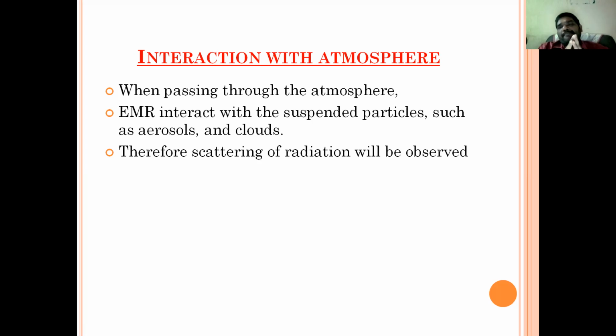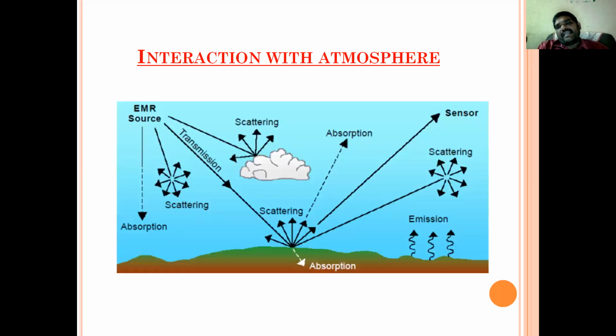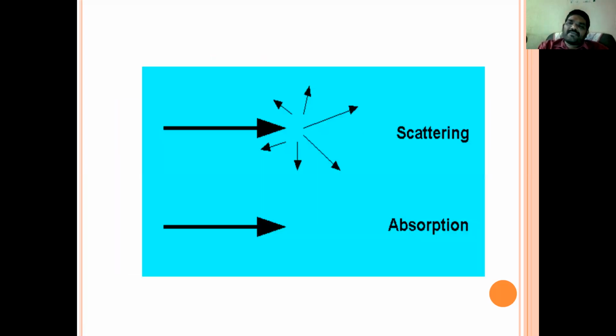Already we discussed how the interaction takes place, because as the EMR is passing through the vacuum of space to hit the target, as it is traveling two times, in some way it has to interact with the atmosphere, because it has to propagate through the atmosphere itself.